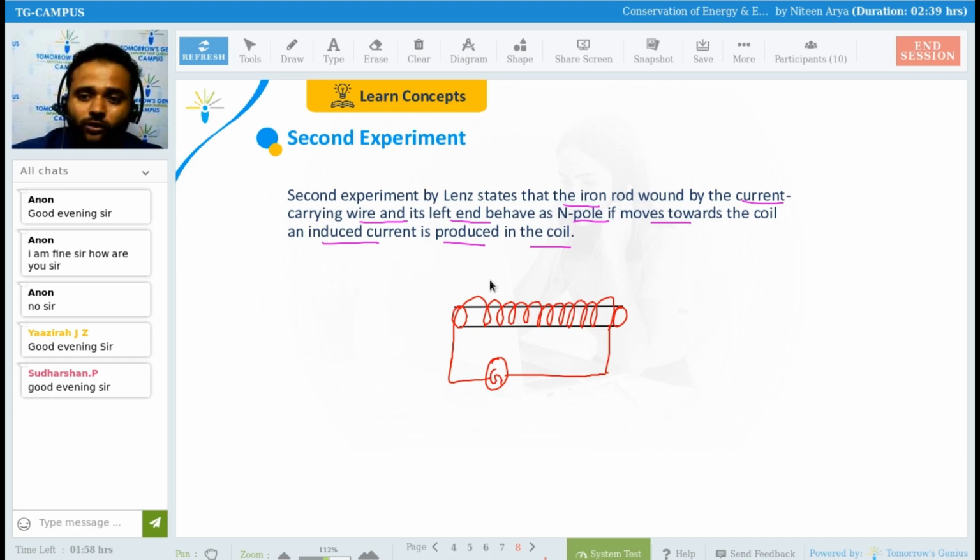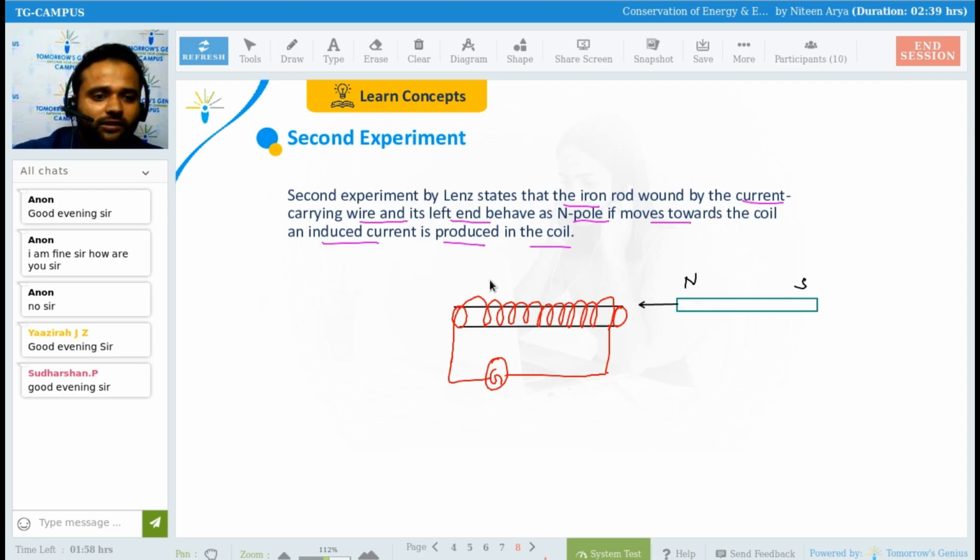But it becomes a solenoid only when I pick a magnet and move this particular magnet towards this. Clear? So again, this is an EMI phenomenon, electromagnetic induction.